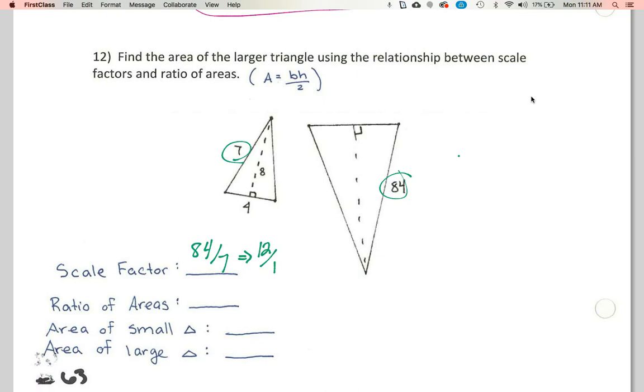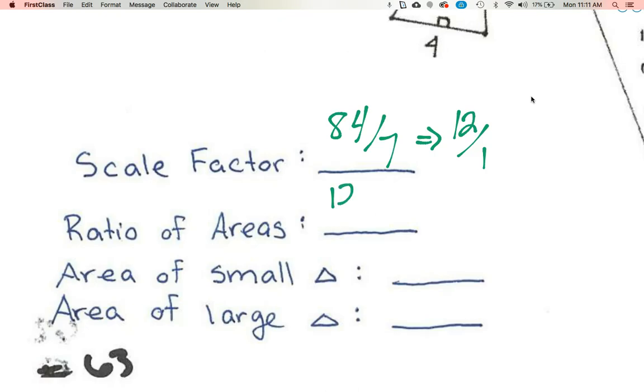The ratio of the areas, we need to square that and do 144 over 1.